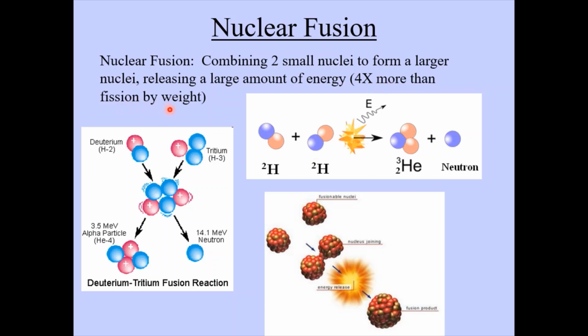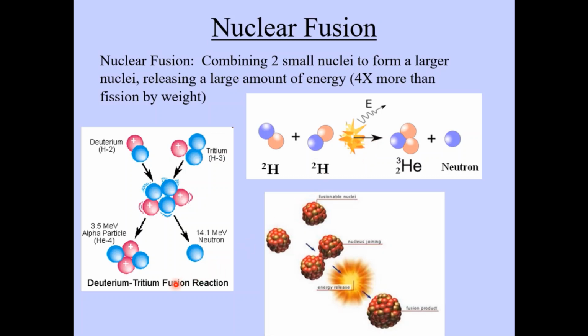So the idea of fusion is you take 2 light element nuclei. These are 2 hydrogen isotopes. This is called deuterium, or heavy hydrogen, H2. And under the right conditions, you can fuse these together to form helium. And it releases a high energy neutron and a lot of energy.